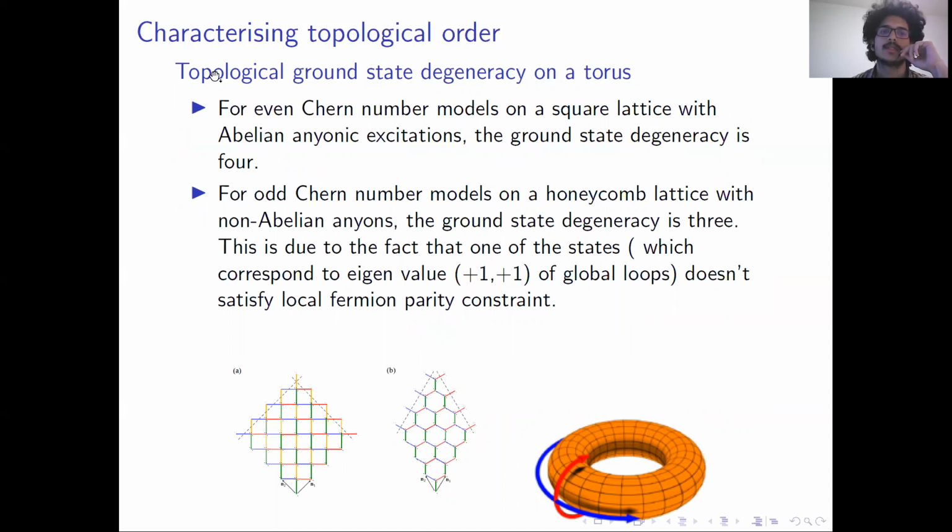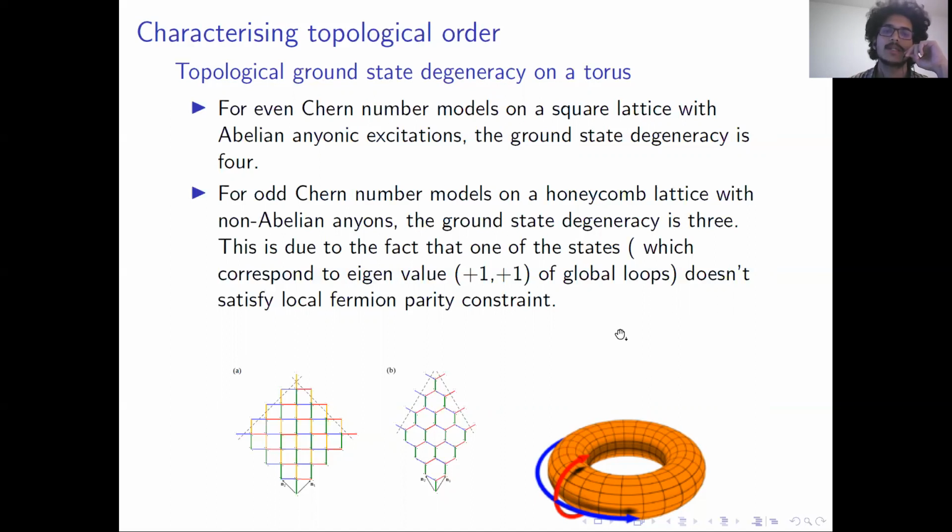Another interesting thing is the topological ground state degeneracy on the torus. So now this is a torus. A torus has two loops, one along this direction, blue, and this. One can define loop operators, which I didn't get into because of the time. These loop operators have eigenvalues +1 or -1 each. So you have four possible configurations, and it can be shown that in these four possible situations, the ground state has the same energy in the thermodynamic limit.